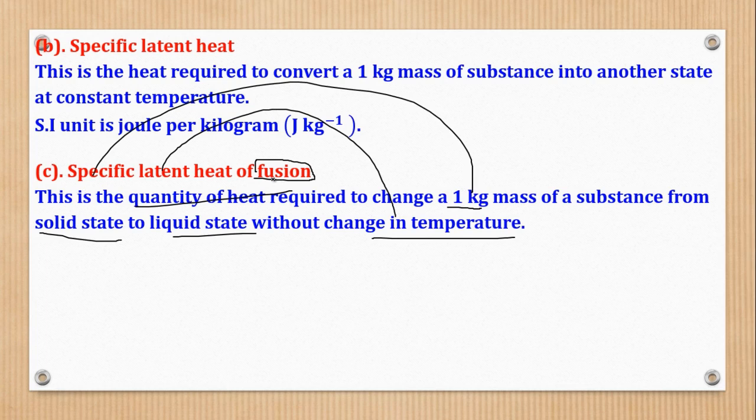Now when there is fusion, it implies that the change of state has to be from solid to liquid, or liquid to solid. When they don't put the word fusion, it implies that it is any change of state. It can be solid to liquid or liquid to gas. But when they put the word fusion, it must be solid and liquid.